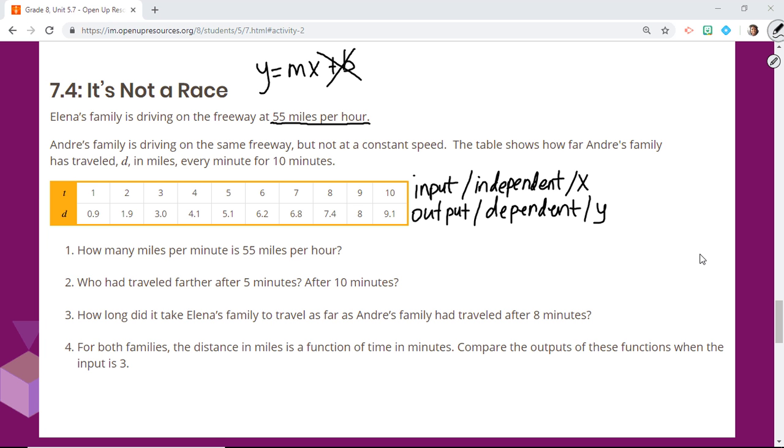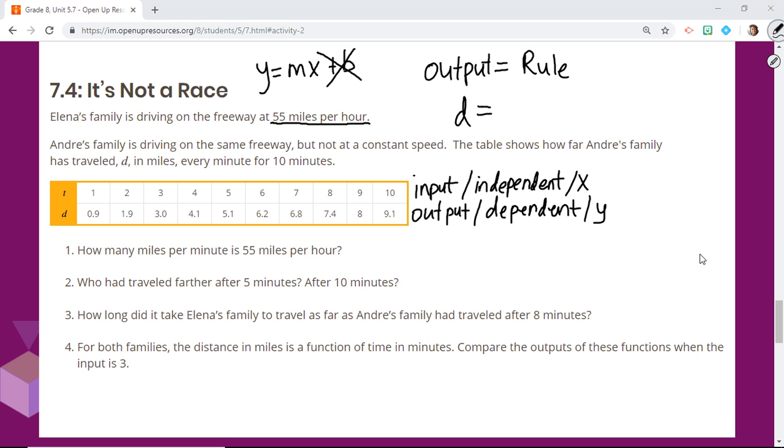Or you can think about it as the equation of a function, where the output, the dependent variable, is equal to the rule. The output, the dependent variable, in our case would be D, distance, the amount of miles traveled, and it is equal to the rule.